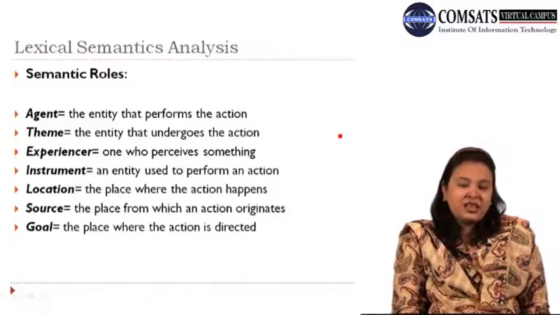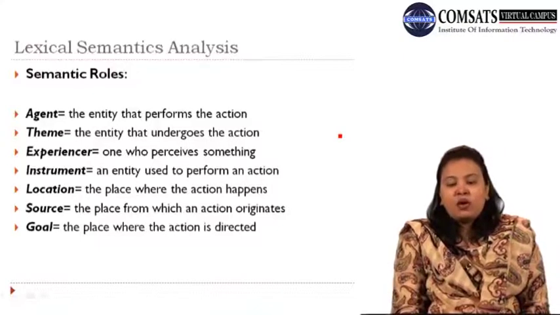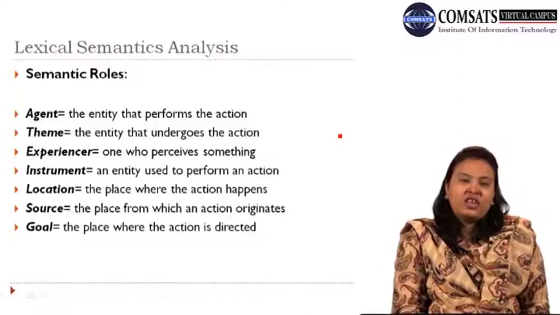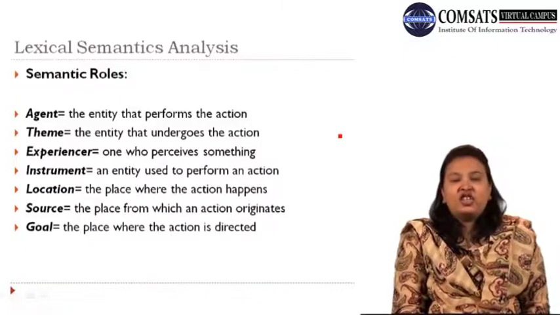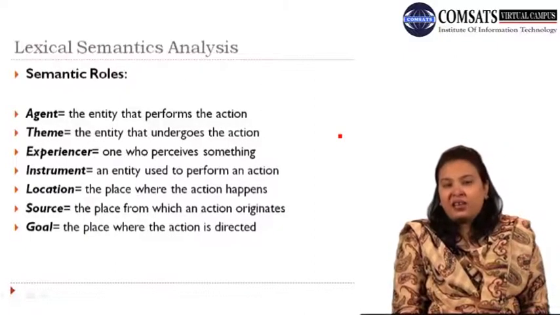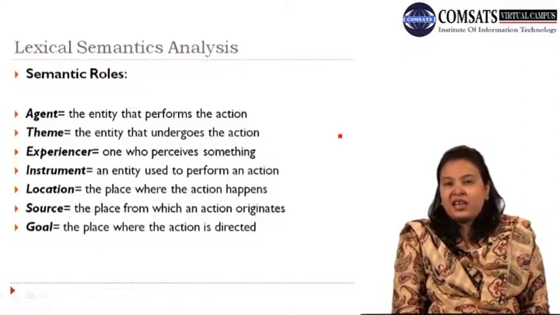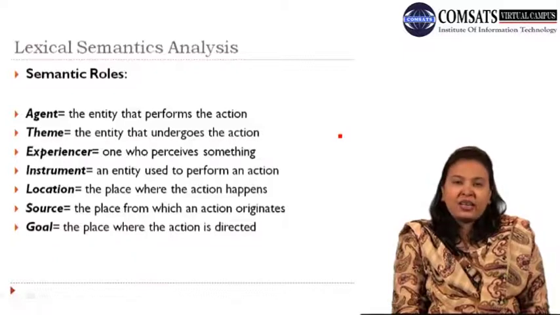Then experiencer. Experiencer is one who perceives something, one who experiences something. And usually the difference between the agent and experiencer is that in agent we have physical activities, and in experiencer we have mental activities. For example, the Quaid-e-Azam realized the dream of Pakistan.